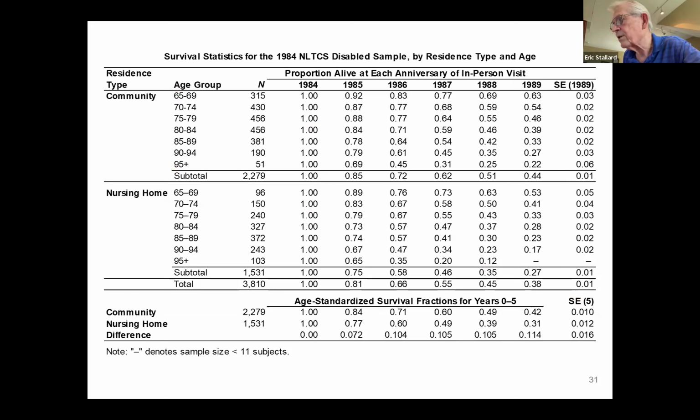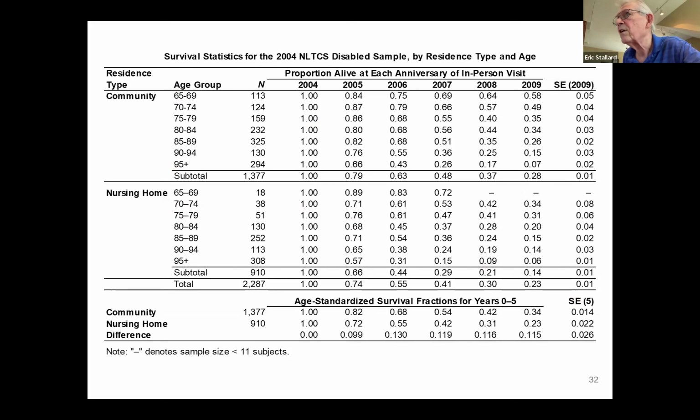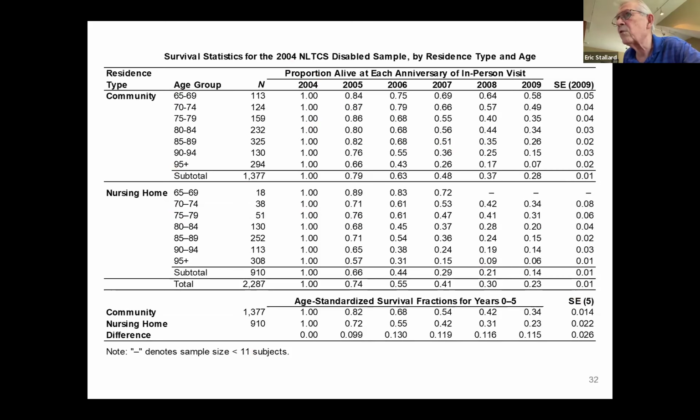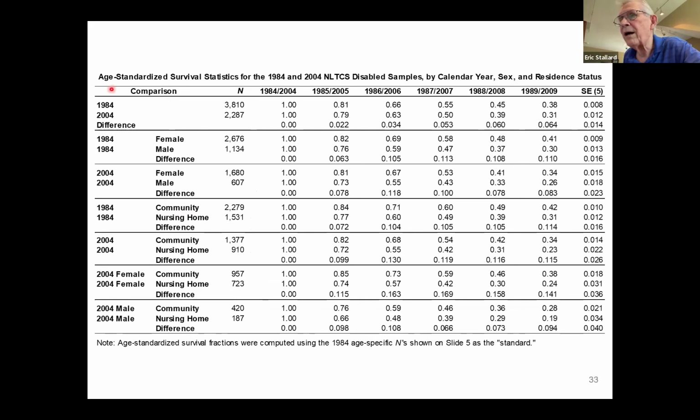I'm not going to go into the details of these slides. We did it in 1984, we did it in 2004, and then we compiled all the different comparisons that were of potential interest. In every case, there were big differences, and the standard errors indicate that they're quite significant.